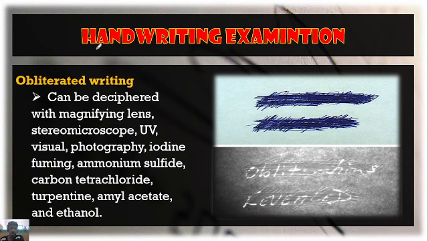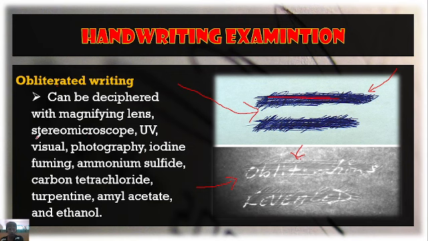Next, with regards to handwriting examination, we have here the obliterated writing. We can detect it through the use of infrared. Kung hindi kaya ng ultraviolet, then we can use UV, infrared radiation. So, infrared yung ginamit nila dito. As you can see, it is obliterated, so hindi natin nakikita masyado yung nasa likod ng obliterations na ito, but through the use of infrared radiation, we were able to see what was written behind.